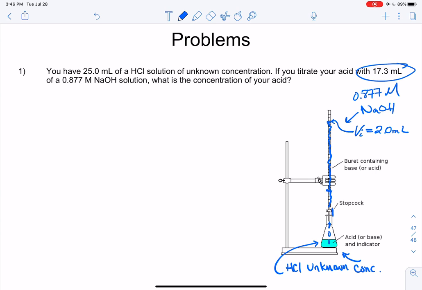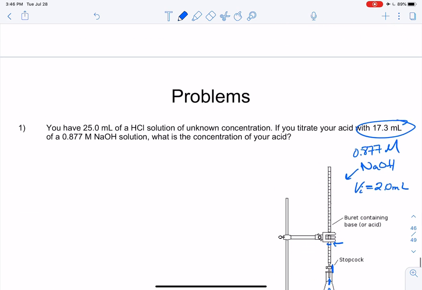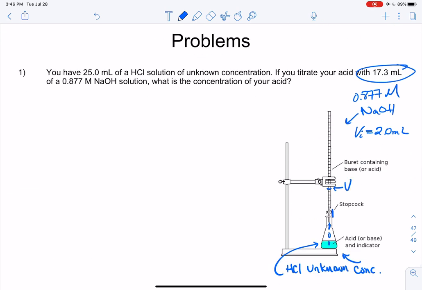So that would mean that we drained it down to there, and maybe that read 19.3.